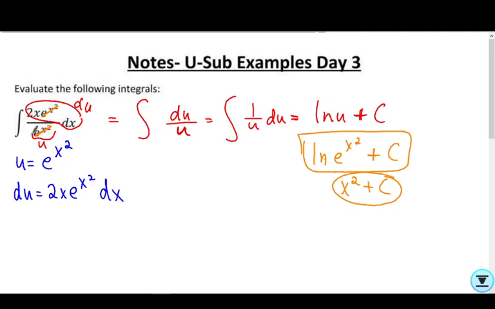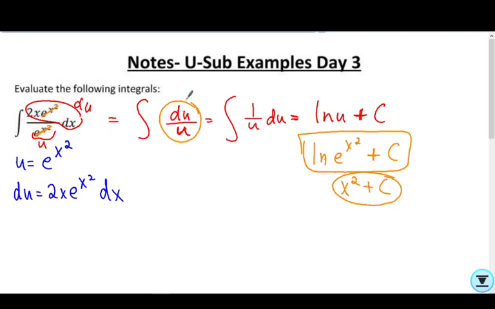So I just wanted to show you that you need to be looking out for these problems where you see this integration going on. The bottom is my u, the entire bottom is my u, and the top is the derivative of whatever that is. And that's signaling to you that it is in fact a natural log antiderivative.